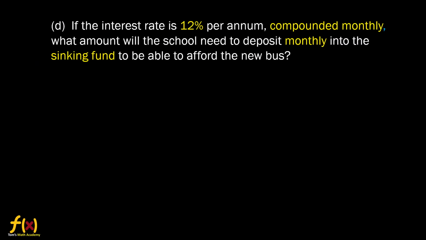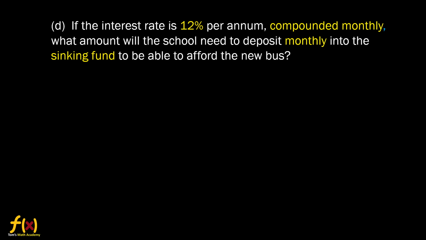Question D. If the interest rate is 12% per annum compounded monthly, what amount will the school need to deposit monthly into the sinking fund? So we have to have a plan. Now, how much should they pay into the sinking fund to have a future amount after 5 years?